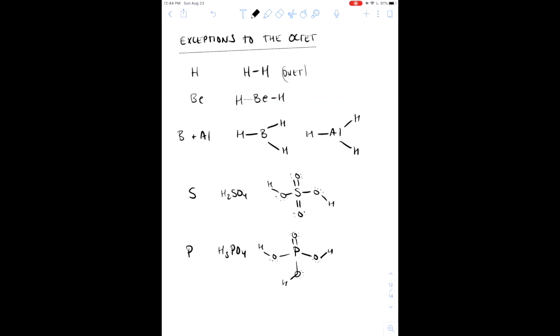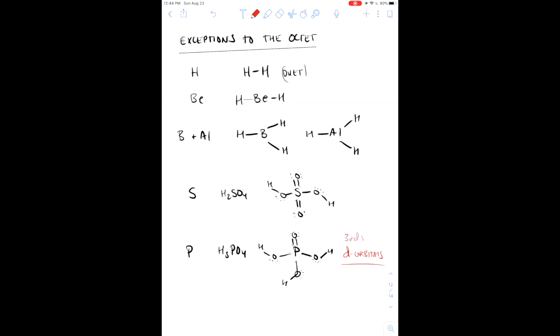And it's more than the typical octet because sulfur and phosphorus are in row 3, which has, remember, we had the s and p orbitals for row 2, and then for row 3 we have the s and p orbitals as well as the d orbitals. And so these d orbitals are what allow sulfur and phosphorus to have that expanded octet.